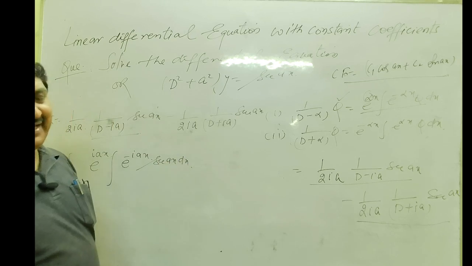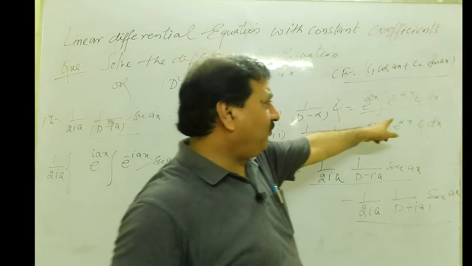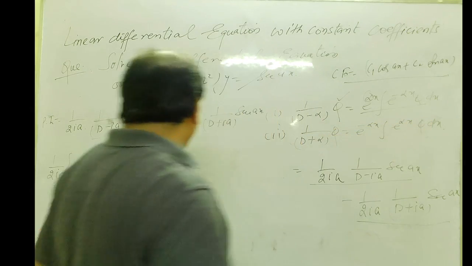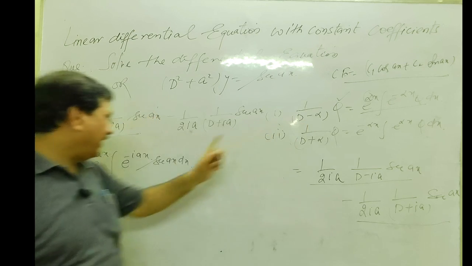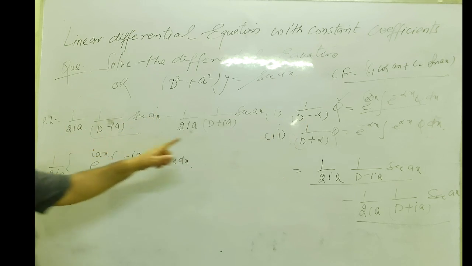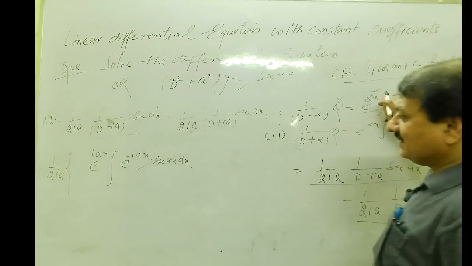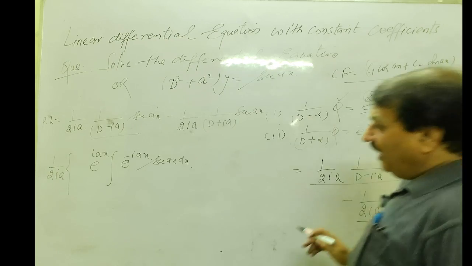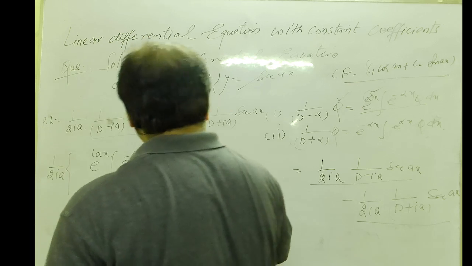Again, please check carefully. 1 upon D minus alpha Q, use the formula. First, here again apply: that means e power minus iax, alpha equal to minus ia. The minus sign is the same. ia replaced by alpha, that means e power alpha x. And again e power ia, common minus here.